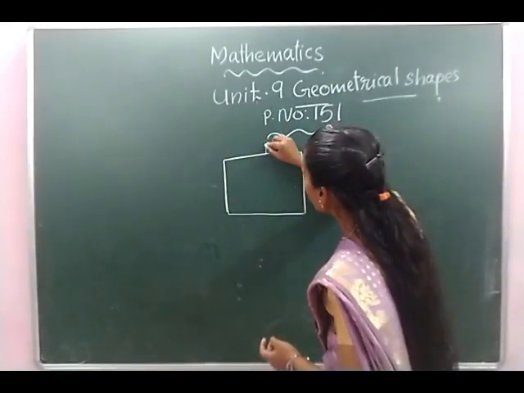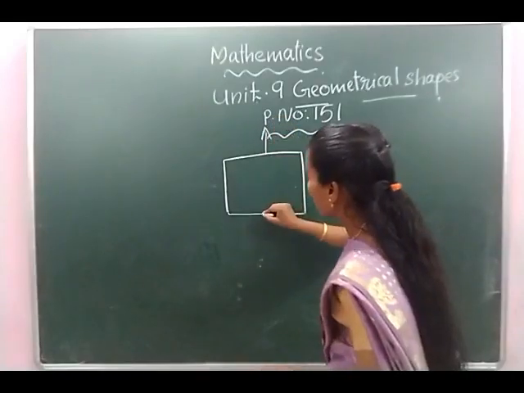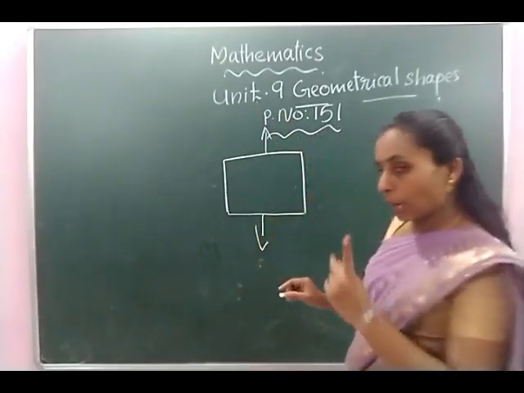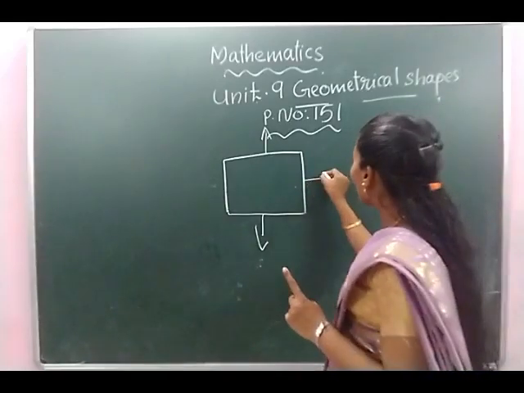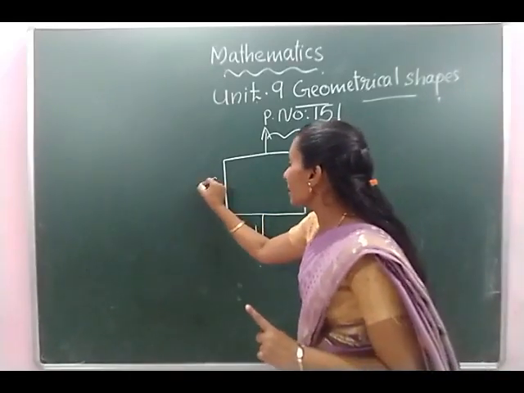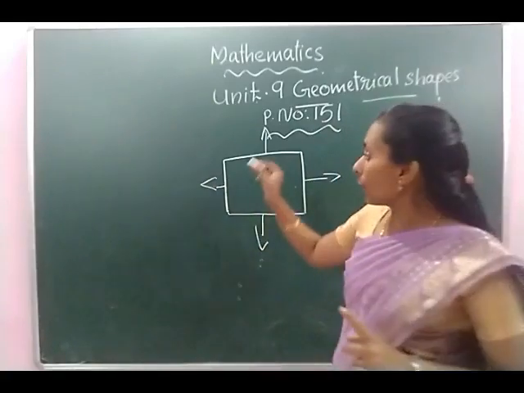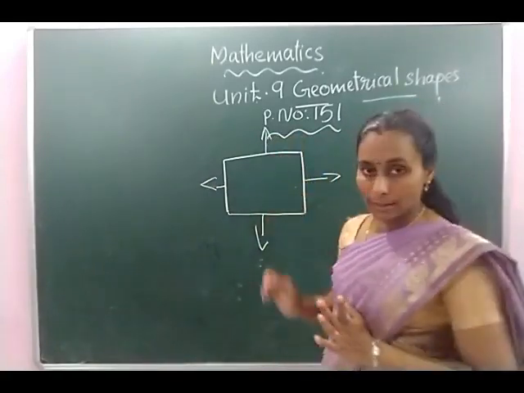So while drawing a plane, we show an arrowhead on all four sides. The arrow represents that it is endless.